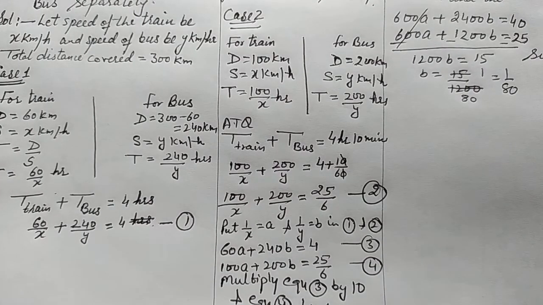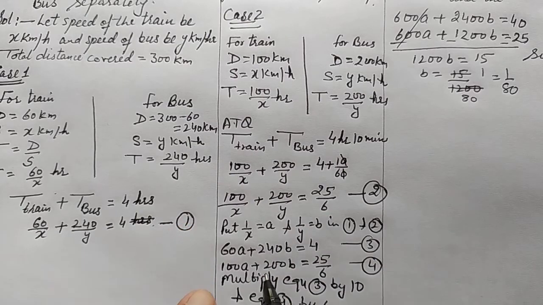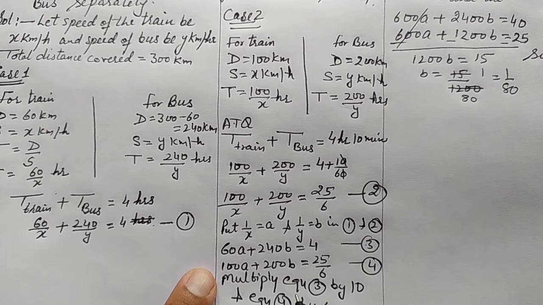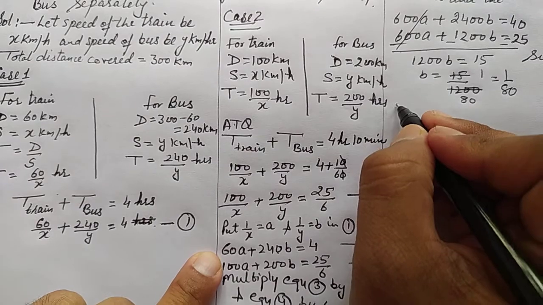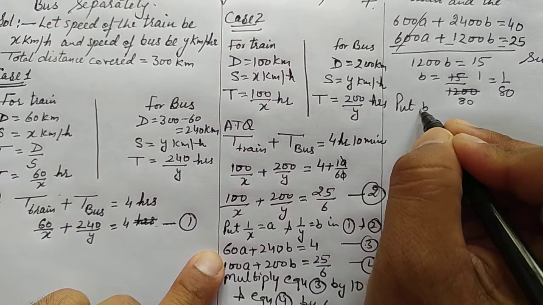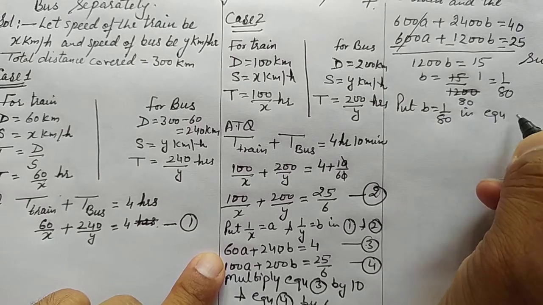So we'll put b as 1 by 80 in any equation, 3 or 4 you can put. So I am putting b as 1 by 80 in equation 3. So put b is equal to 1 by 80 in equation 3.